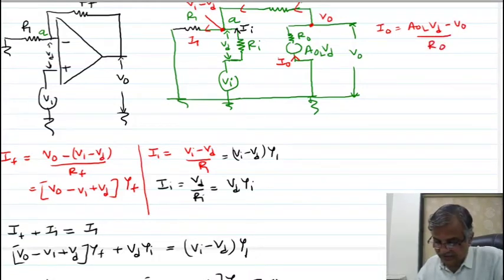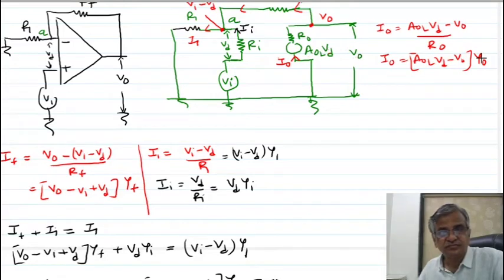For the output section I can write (AOL VD minus VO) upon RO, which is YO. And this current, the current going in this direction, IO is equal to IF.